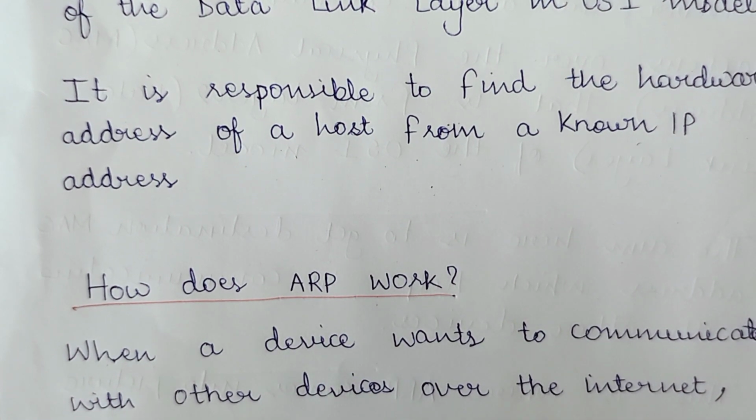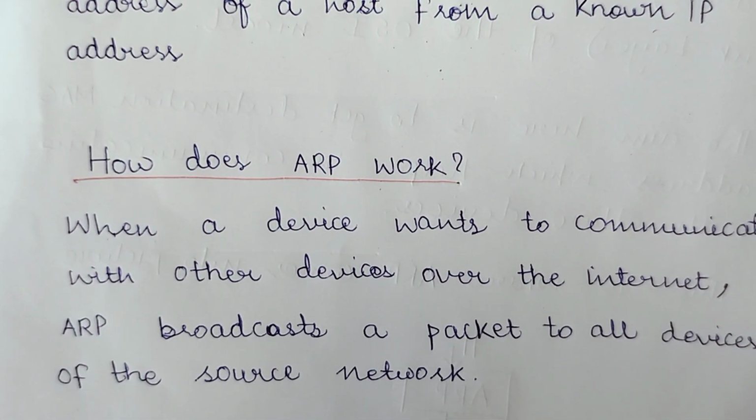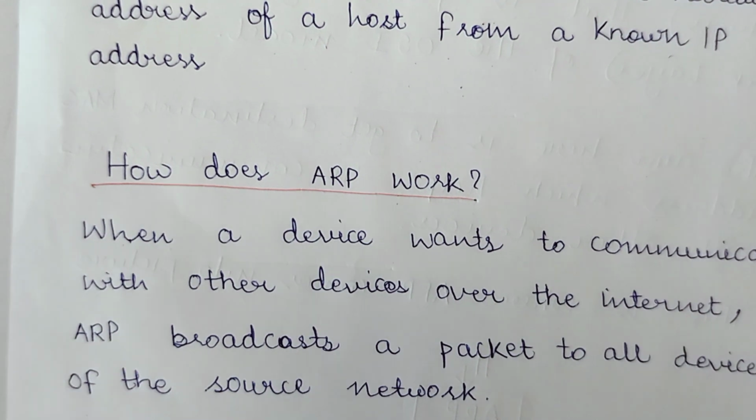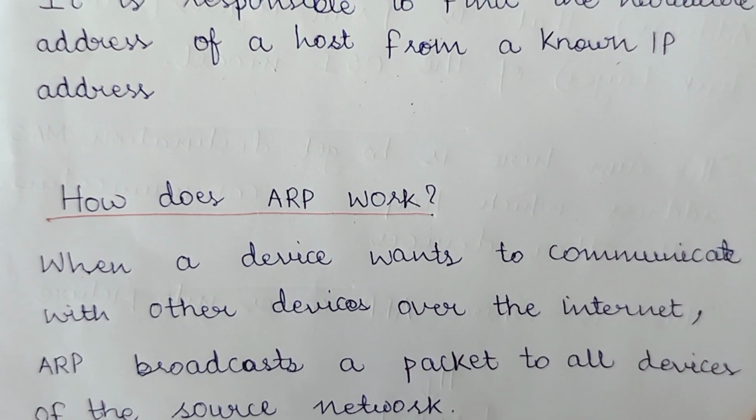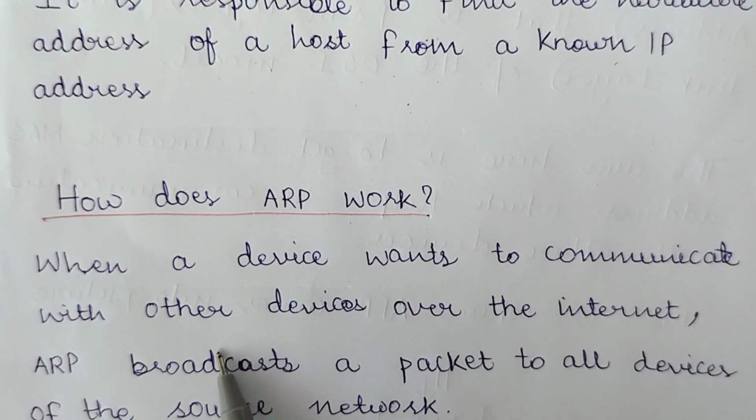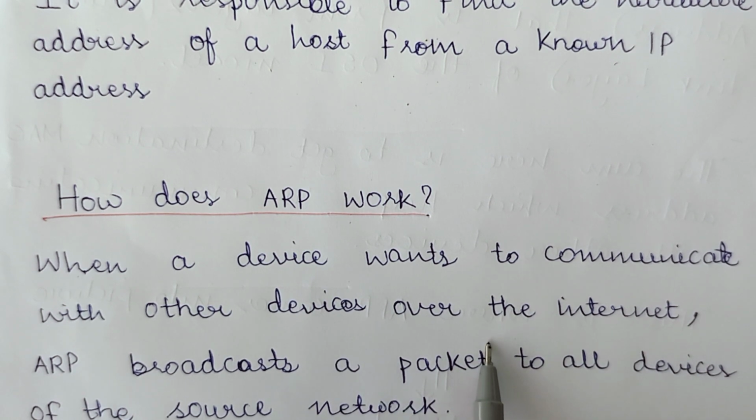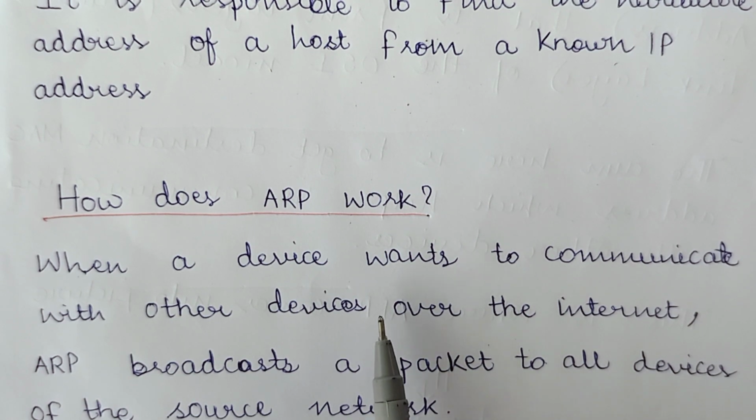Now, how does ARP work? Basically, when a device wants to communicate with another device over the internet, obviously we need an internet connection for two devices to communicate. And when we have an internet connection, it's quite obvious the reason is for two or more devices to communicate with each other.